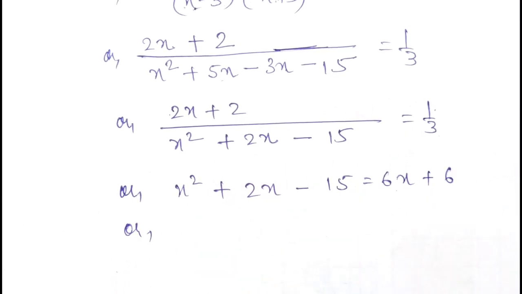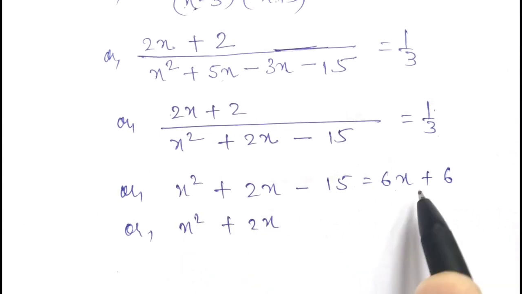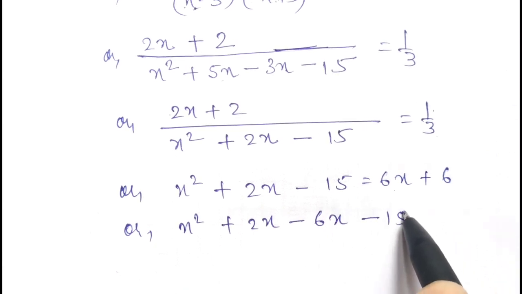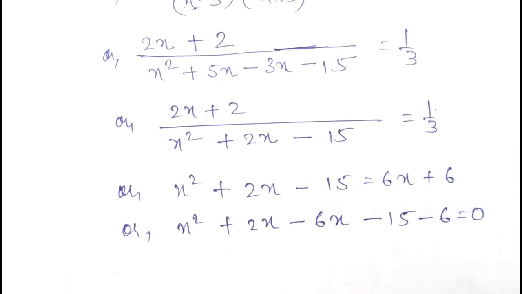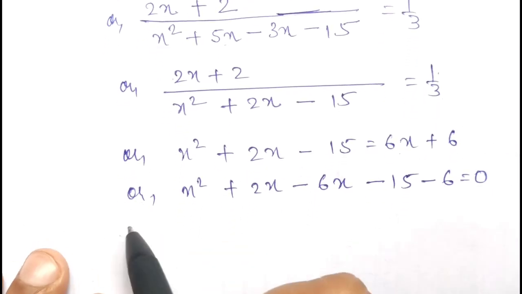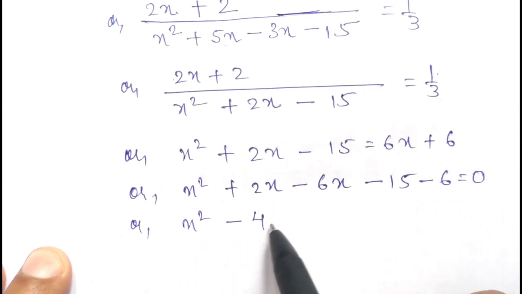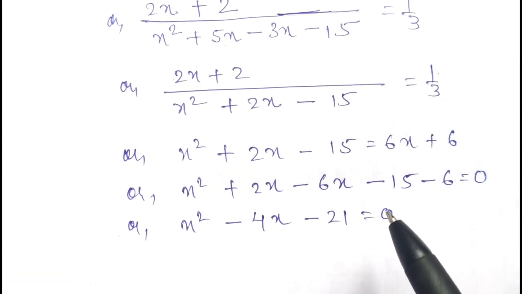Now take all the terms to the left hand side and collect the like terms. So x square plus 2x, when 6x comes to the left hand side, it becomes minus 6x, minus 15, and 6 comes to the left hand side, it becomes minus 6, equals 0. Now simplify: x square minus 6x plus 2x is minus 4x, minus 15 minus 6 is minus 21, equals 0.